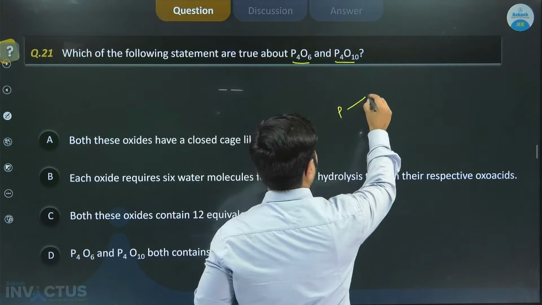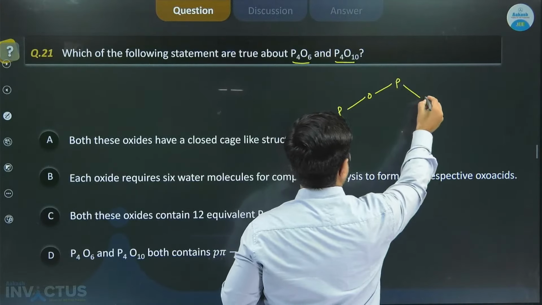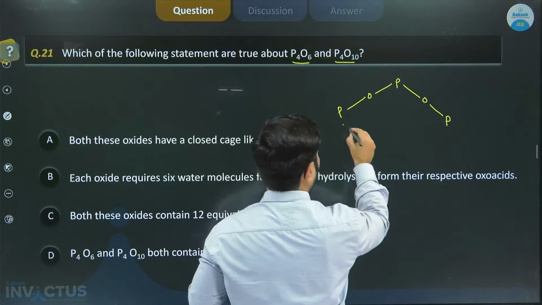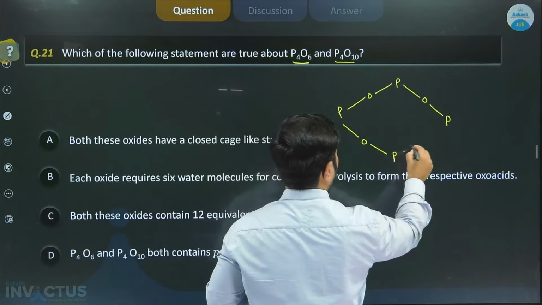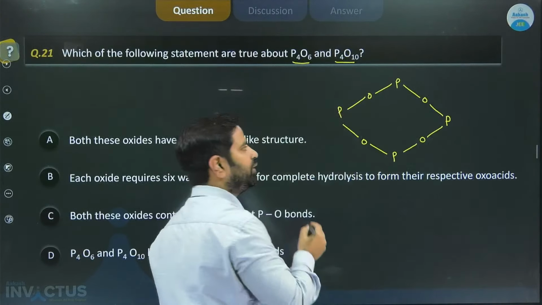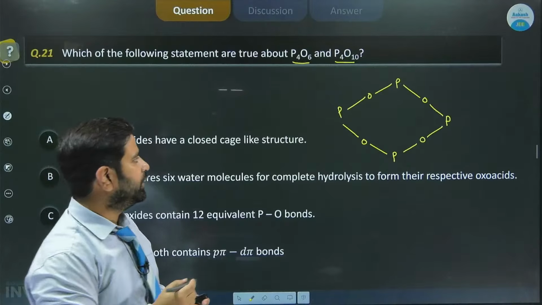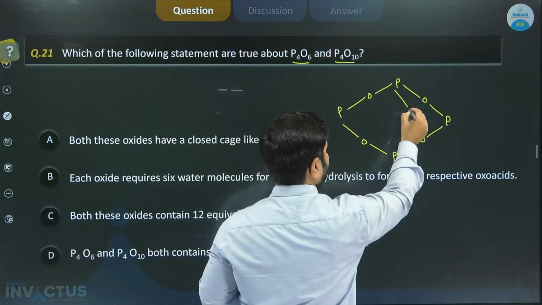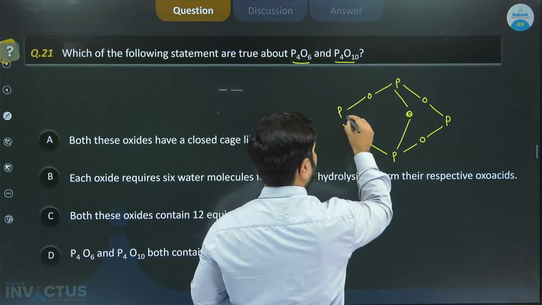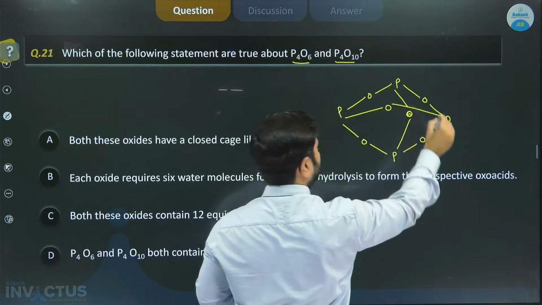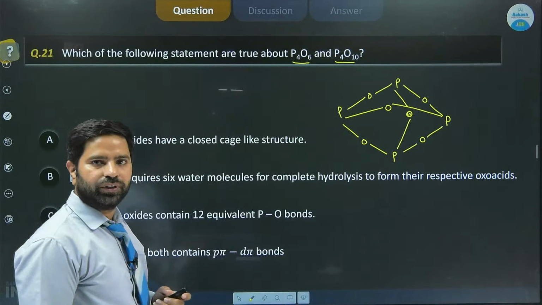We can draw the structure of P4. This is the structure of P4O6, and there is a bridge oxygen as well. So this is the structure of P4O6.